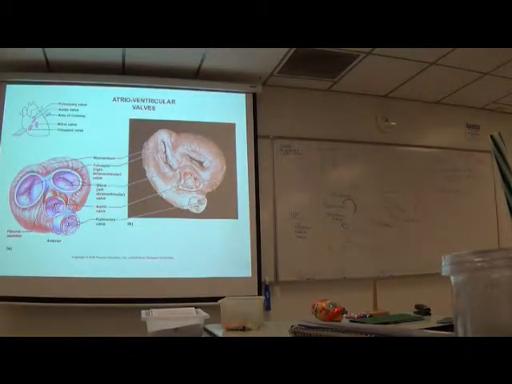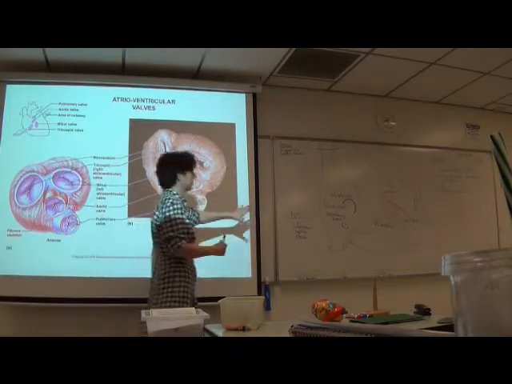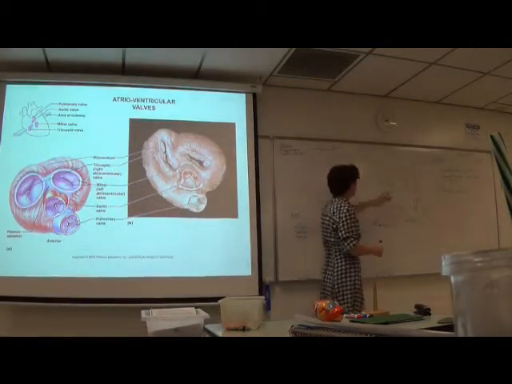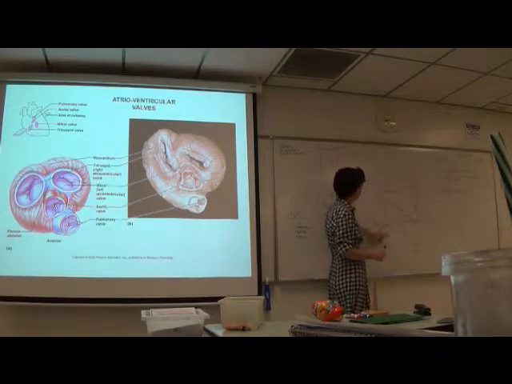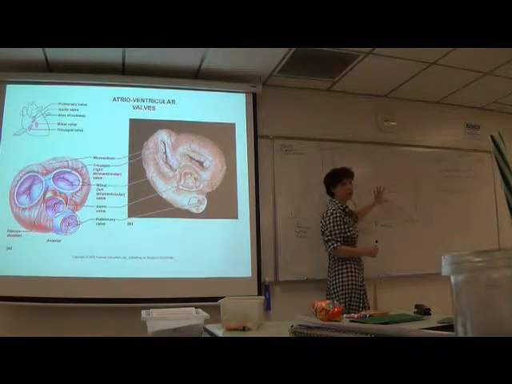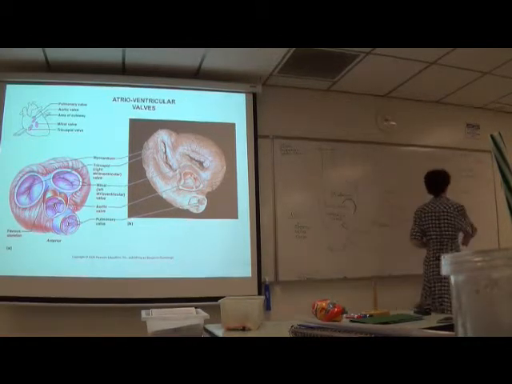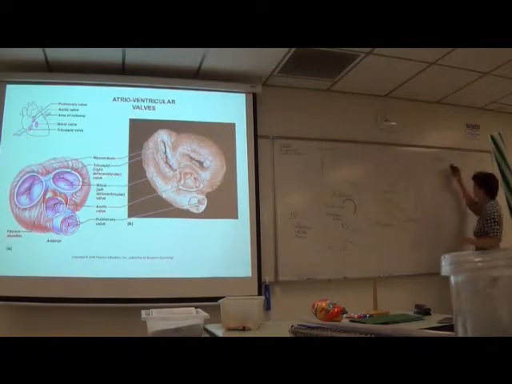And we have to do that through valves. There are two types of valves present in the heart. Valves between the atria and the ventricles, what I've drawn here, and valves between the ventricles and the great vessels, which I haven't drawn in yet. So let's take a look at the valves.